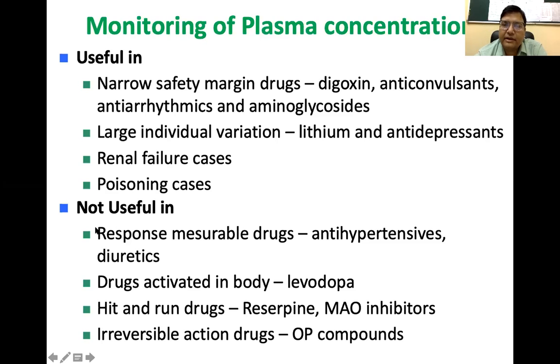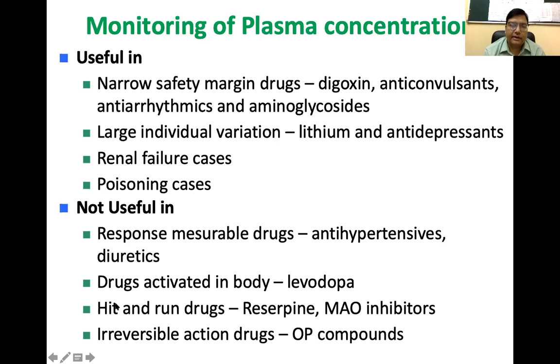Then plasma concentration monitoring is not required in certain situations, such as where the response can be easily monitored, such as with antihypertensives, diuretics, and insulin. For blood pressure, for an antihypertensive, we can record the blood pressure and come to know, so there is no need for an invasive procedure.